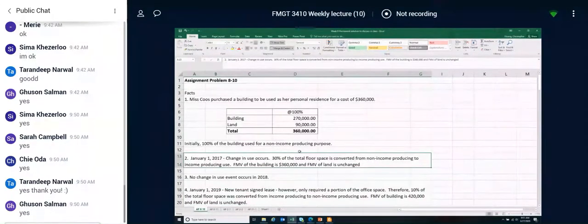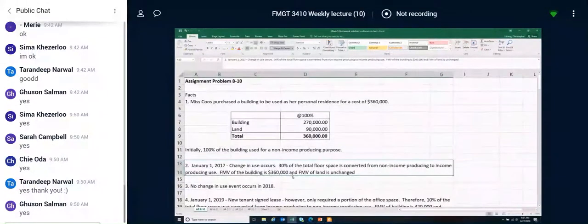Okay. Let's go through 8-10. This was the key thing whenever you have partial changes in use. The key thing is you always need to track your tax attributes each year.